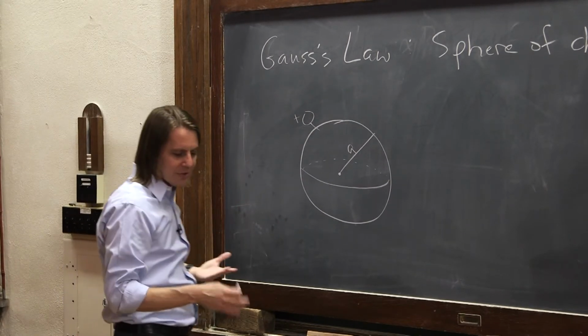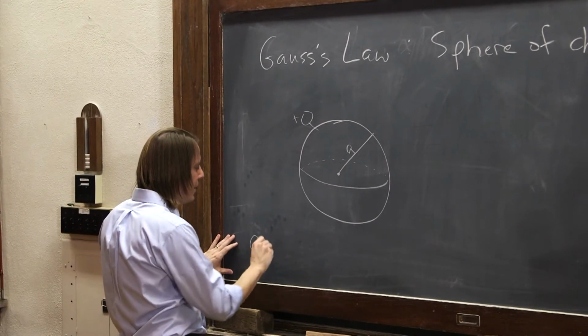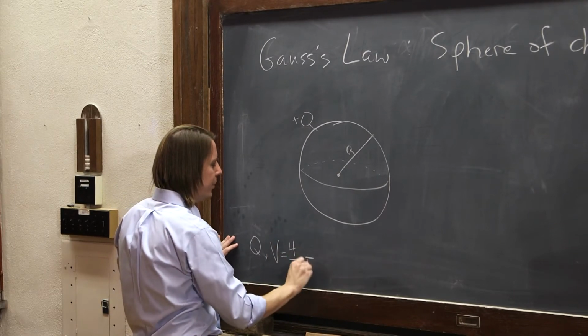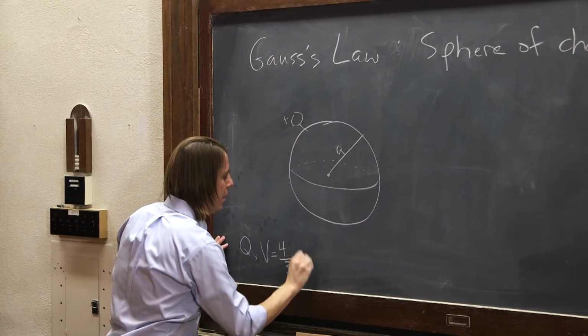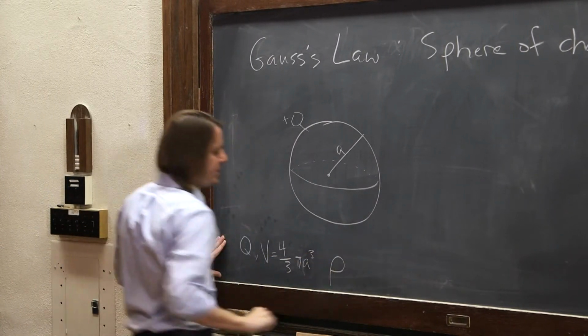They're really basically the same. So you can either say this thing is Q, and its volume is the volume of a sphere, 4/3 pi, in this case the radius is A, cubed. Or you can work in terms of the charge density.